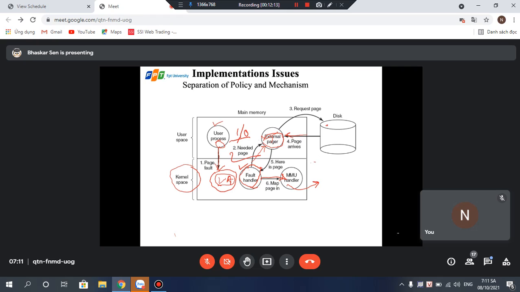Three different layers of code that were collectively taking charge and cooperating with each other to resolve these page fault related issues. The first one, the topmost, that was running in the user space, was what we called, if you can still remember, external pager. Remember these names.